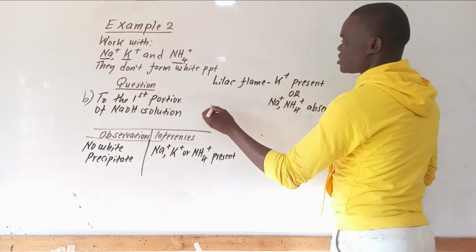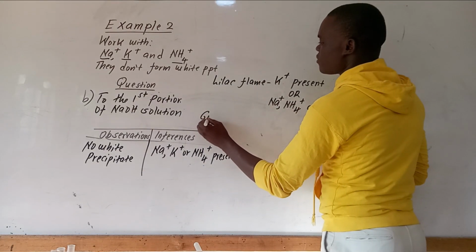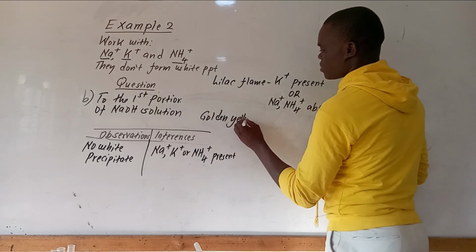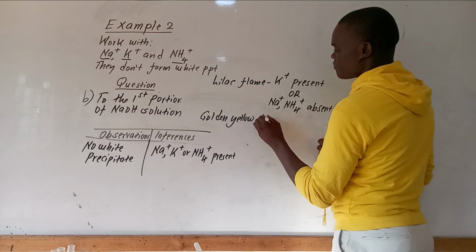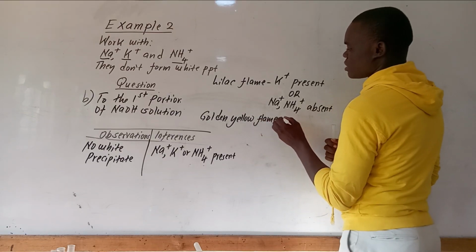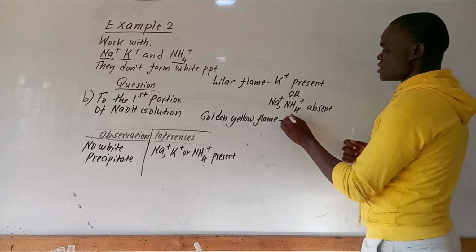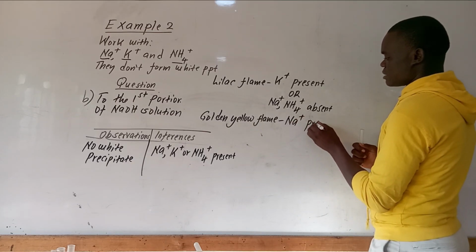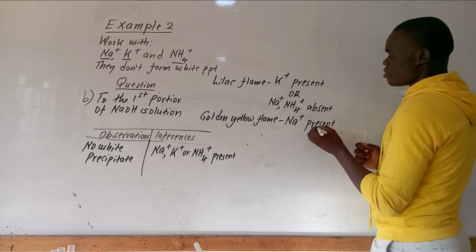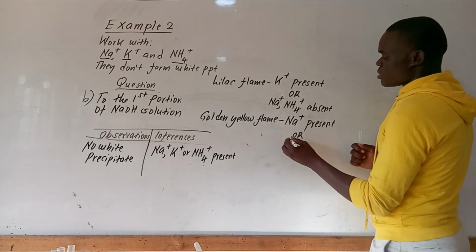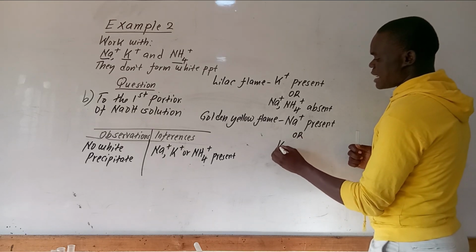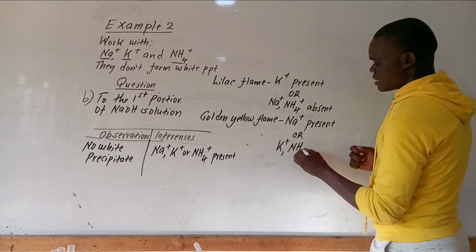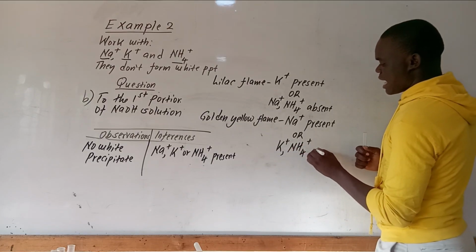But if it burns with golden yellow flame, it means sodium ion is present and potassium and ammonium ions are absent.